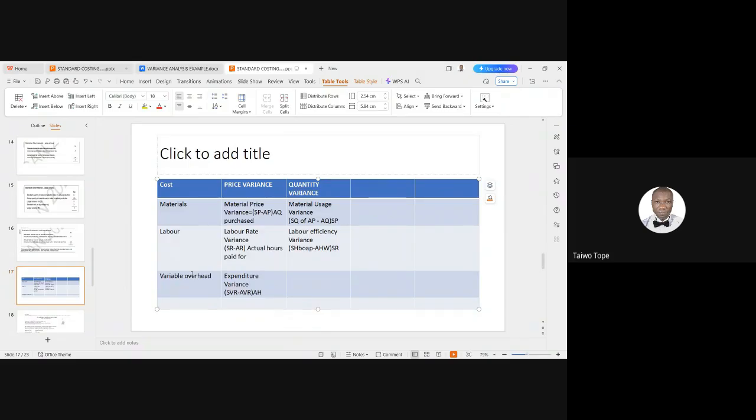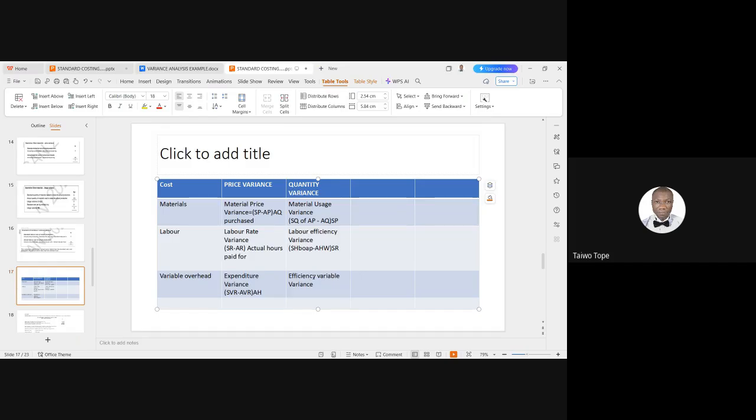Now, for the variable efficiency variance, that is in terms of quantity, we'll look at efficiency variance, not expenditure now. Variable efficiency variance.